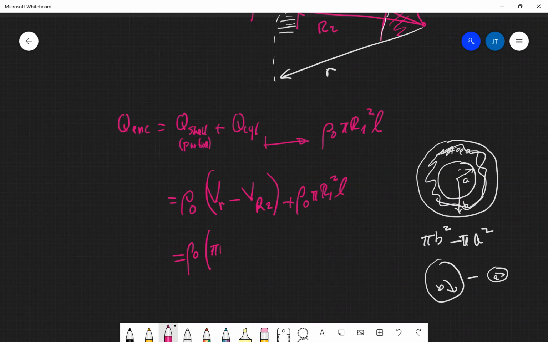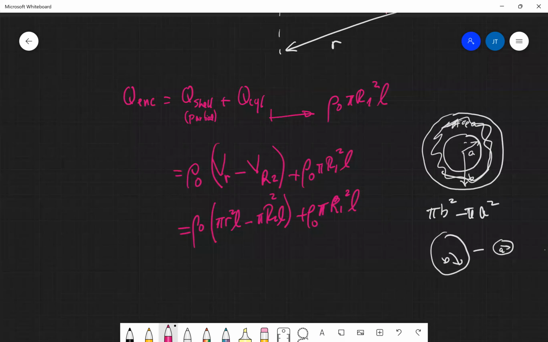Again, it is pi r squared times L minus the volume at radius R2, plus rho 0 pi R1 squared L. So let's factor out rho 0 pi L. What do I have here? I have r squared minus R2 squared plus R1 squared. This is the charge enclosed inside that Gaussian surface, the white Gaussian surface right there.